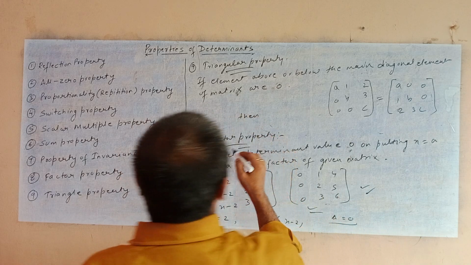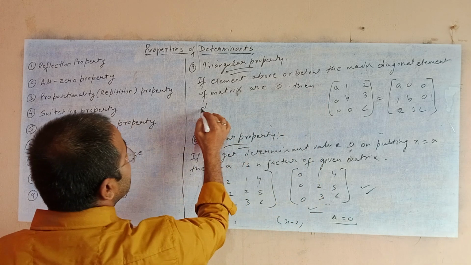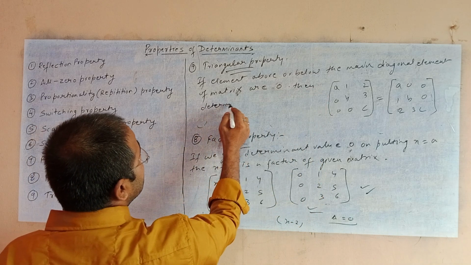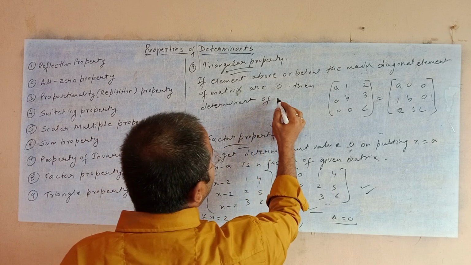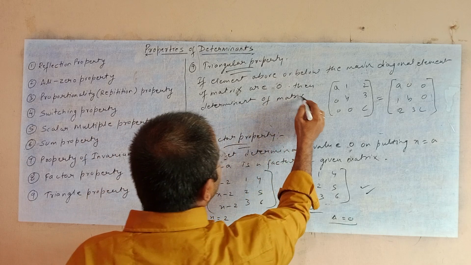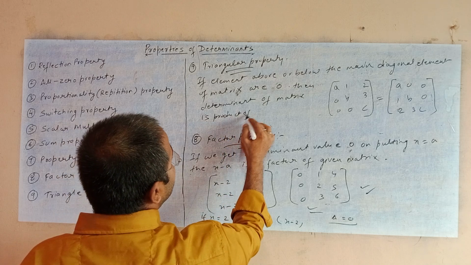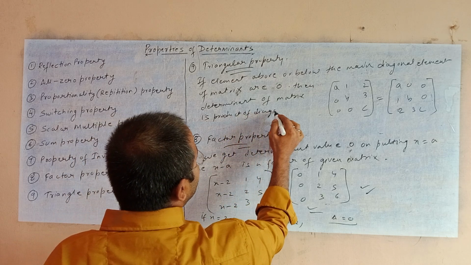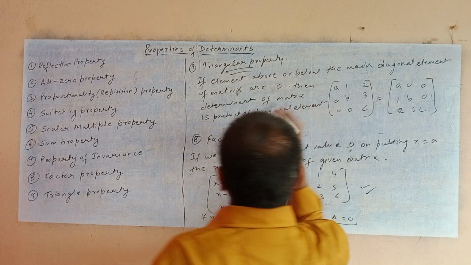Then the determinant of the matrix is the product of the diagonal elements.